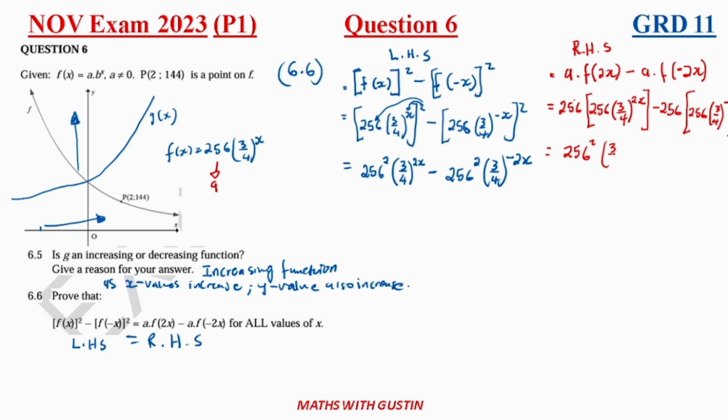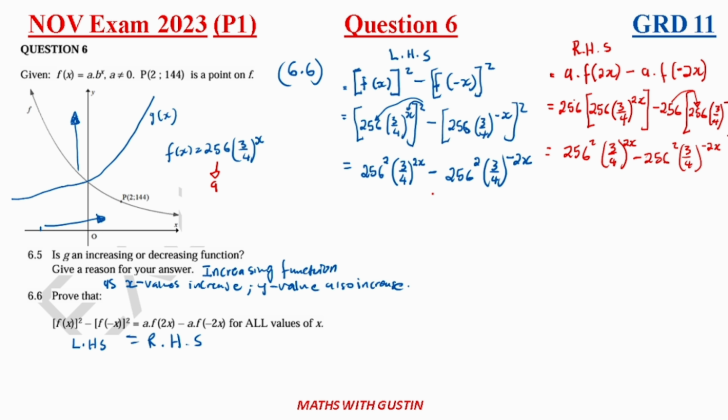Therefore, our bracket here will remain the same because it's always just multiplication. And then minus this 256, remove the bracket there, it's multiplied by another 256, which is going to give us 256 squared. Therefore, close the bracket, 3 over 4 to the power of minus 2x.